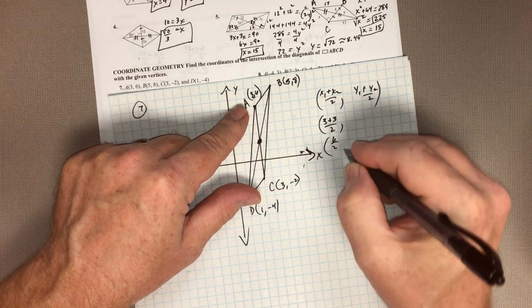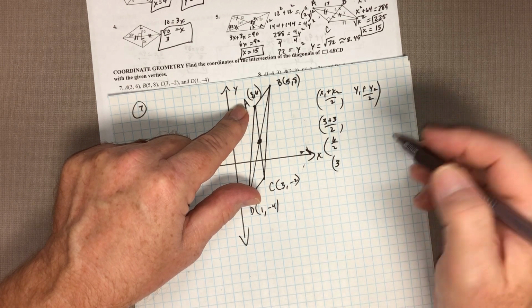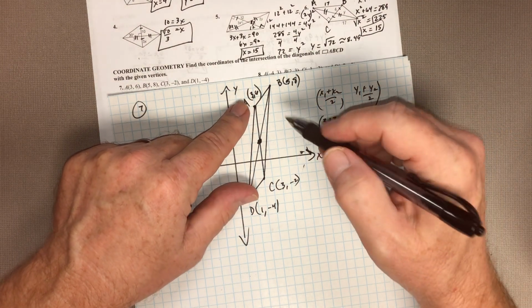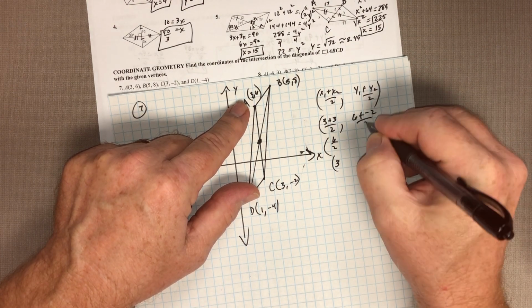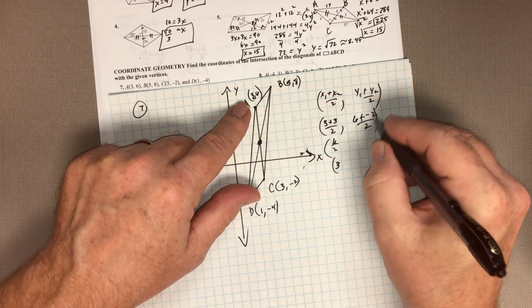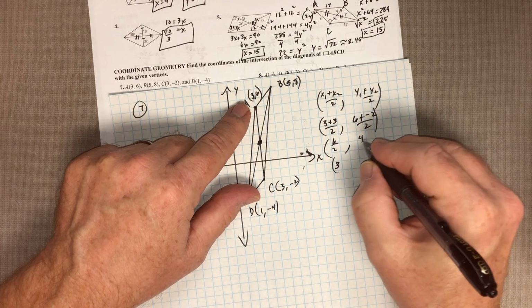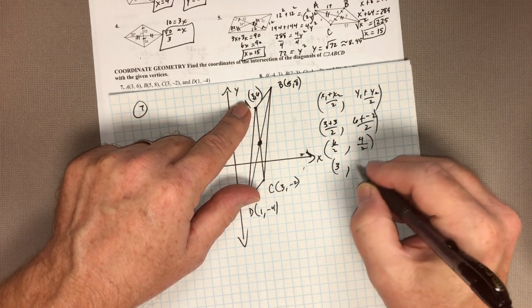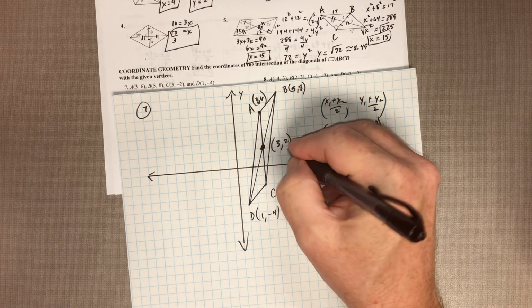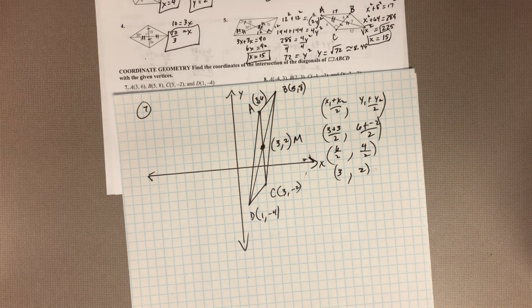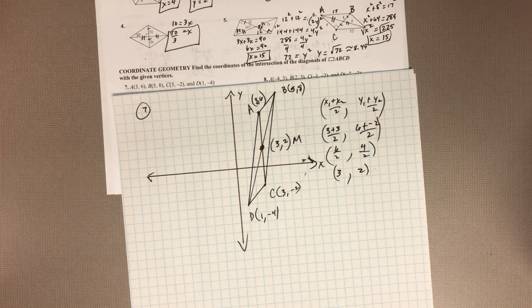All right, and 6 divided by 2 is going to be 3 for the x-coordinate. The y-coordinates are 6 and negative 2, so 6 plus negative 2 divided by 2. 6 plus negative 2 is 4, all right, and 4 divided by 2 is 2. So 3, 2 should be the coordinates of the midpoint for those two diagonals, all right?